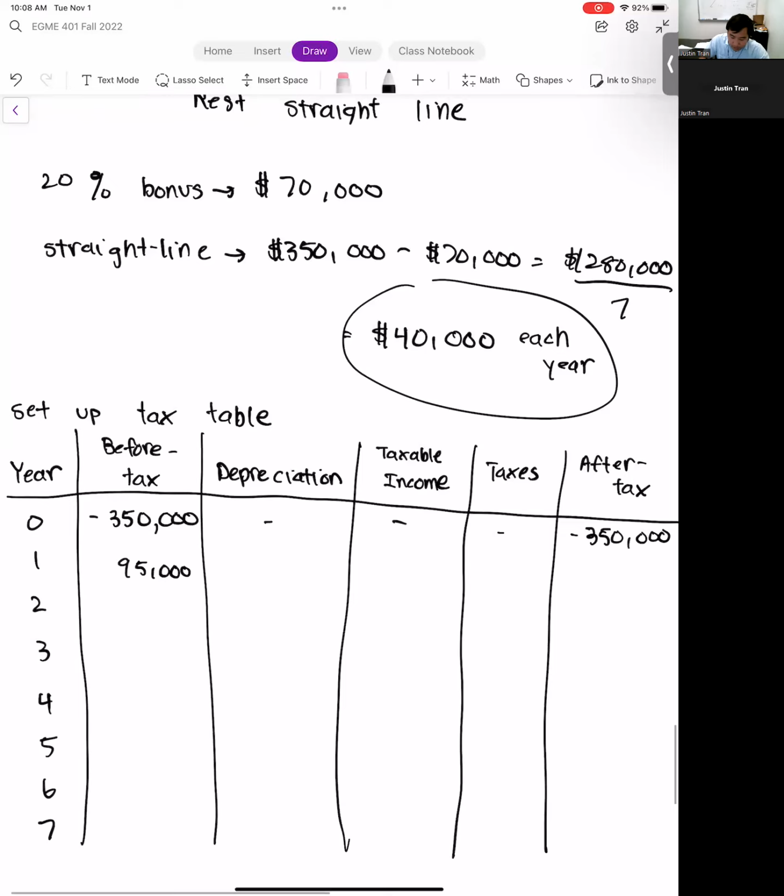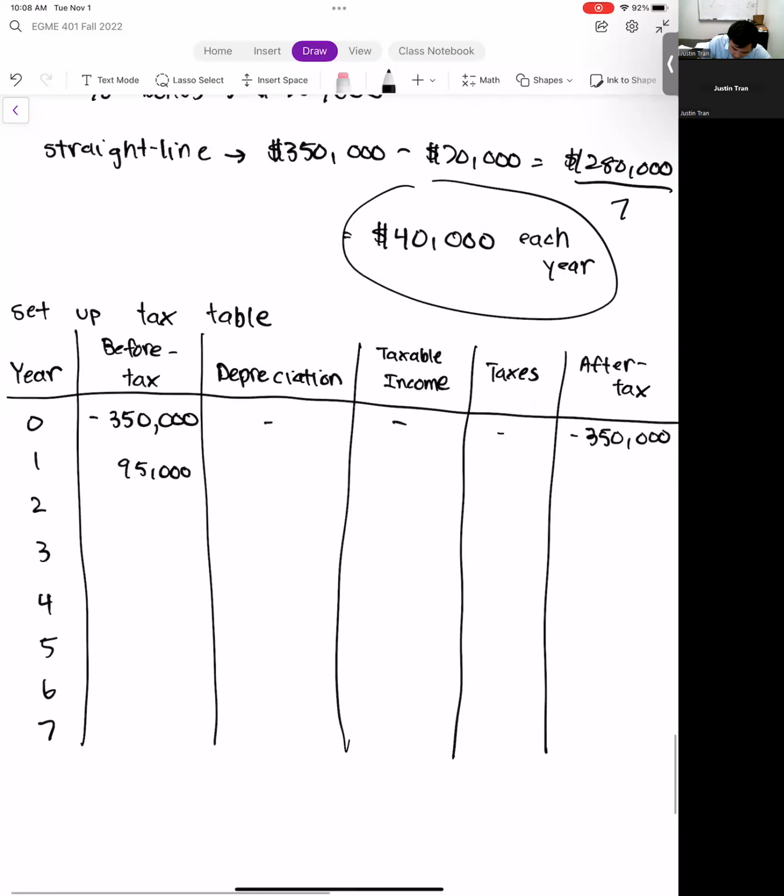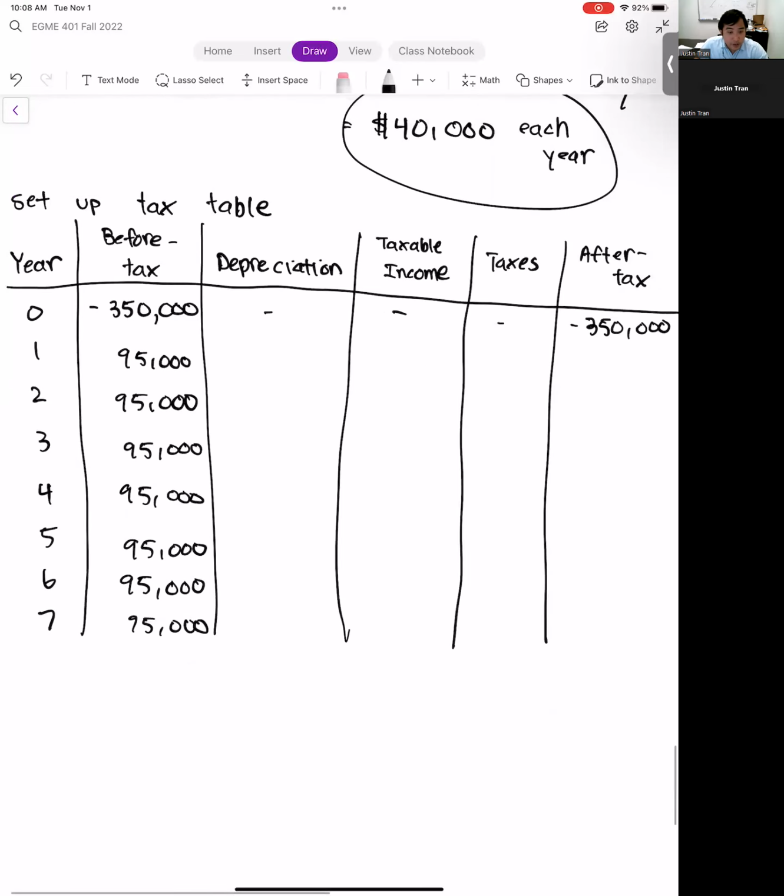All right. And so in addition to this, we have revenue of $95,000 each year. So actually, we can go ahead and fill that in all the way through. Right, and so that's going to go all the way down to year 7.